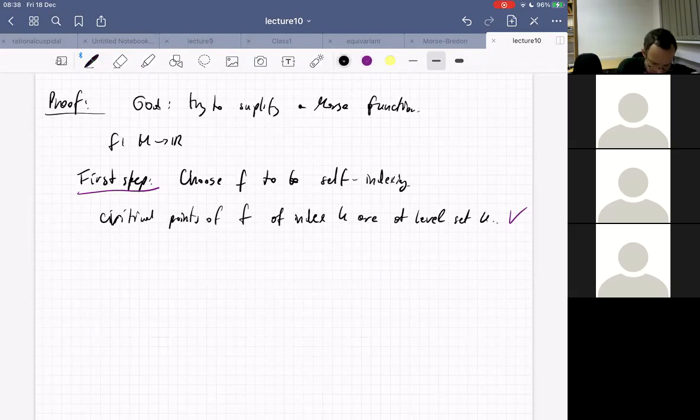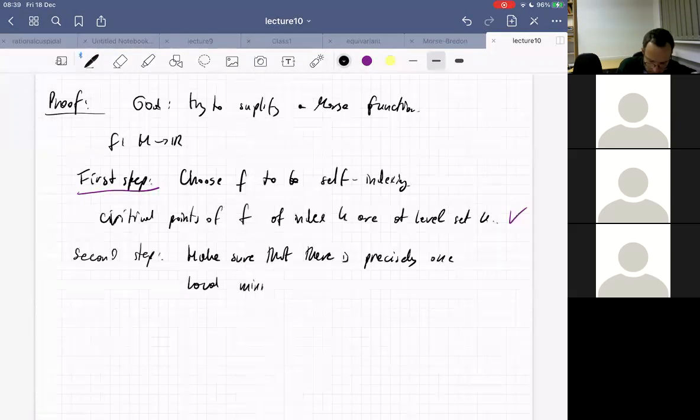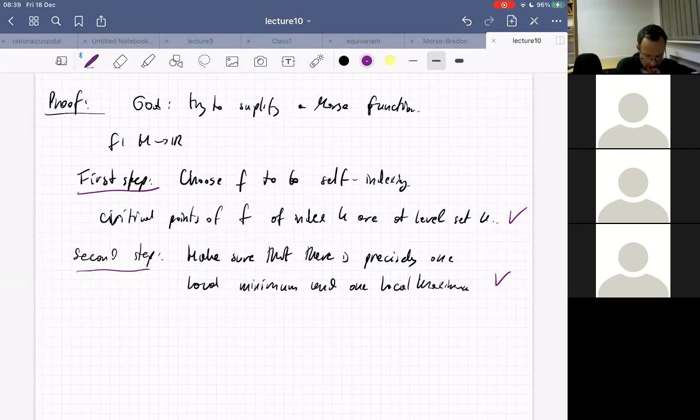Second step: make sure that there is precisely one local minimum and one local maximum. And this is already what we did during classes. We did it once, so the second step is already checked.